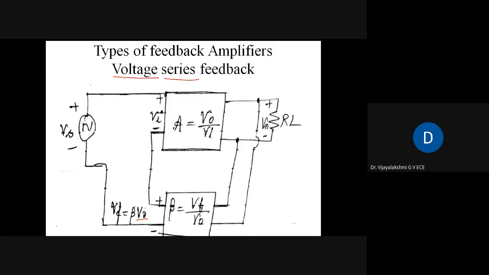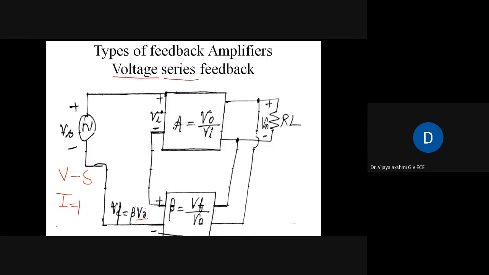whenever you are adding the signals in series, always they have to be voltage signals. Only voltage signals you can add in series, and when you are adding current signals, always they have to be in parallel.